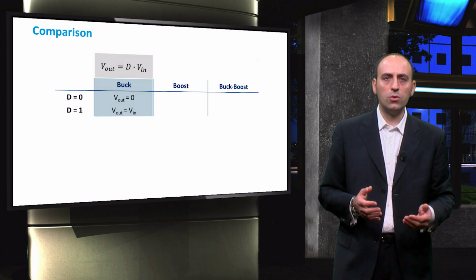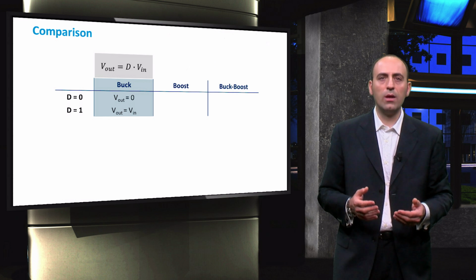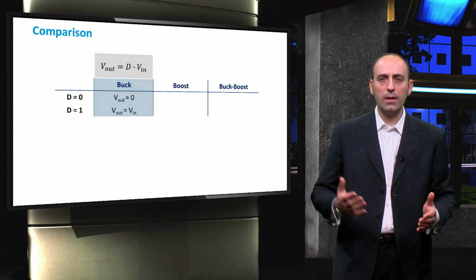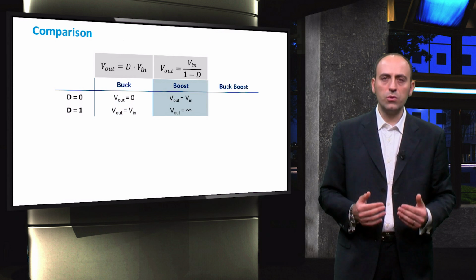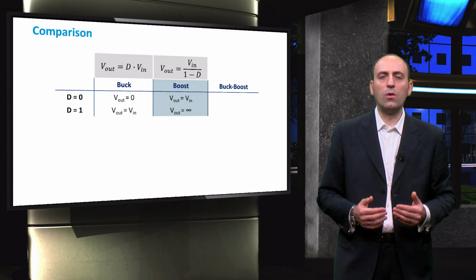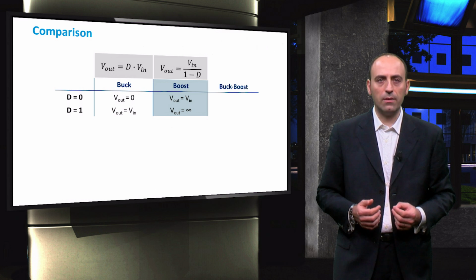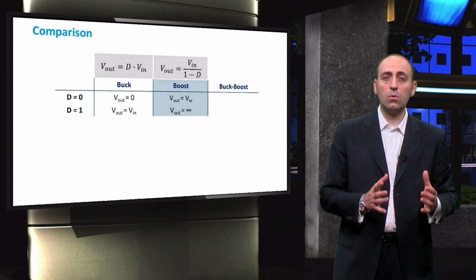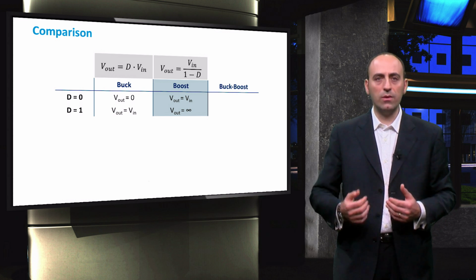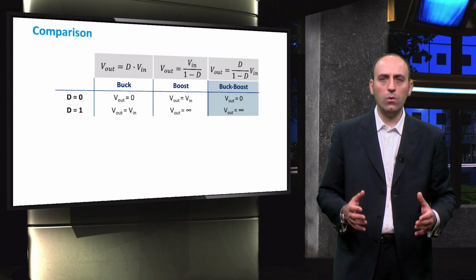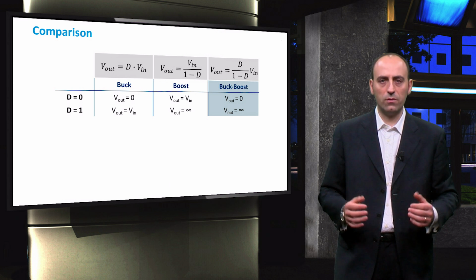And for D equal to 1, the maximum voltage achievable is the input voltage. So you can go anywhere between 0 and V in. In a boost converter, the minimum output voltage is achieved when D is 0, and it is equal to V in, while when D is equal to 1, V out tends to infinite. Finally, a buck-boost converter can cover the whole range from 0 to infinite.